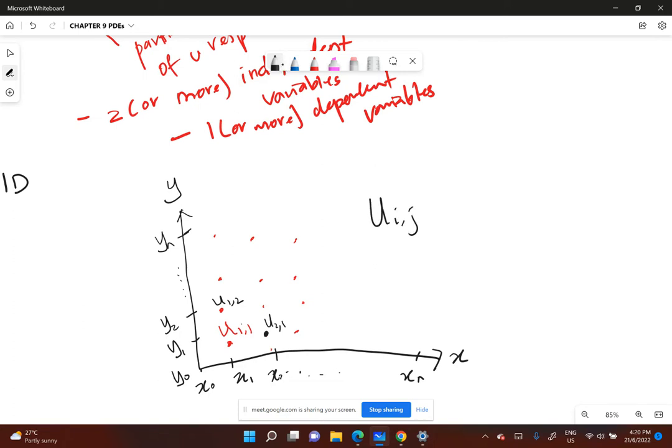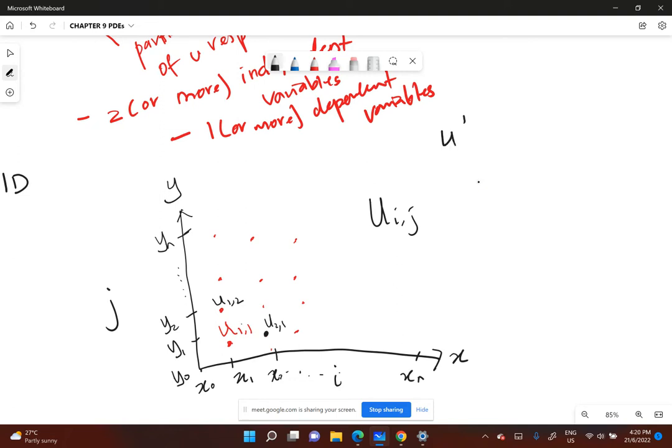Kita akan letak Uij, di mana untuk paksi yang X ni kita akan guna symbol I, and here we will use J. Okay. And one more thing, sometimes you will see that we may not write del U, del X. Kadang-kadang dia tulis macam ni, U prime.